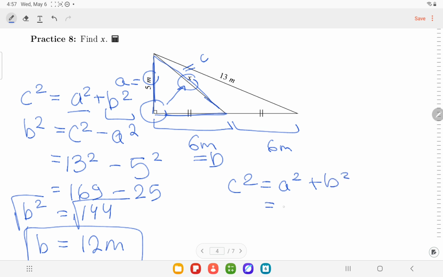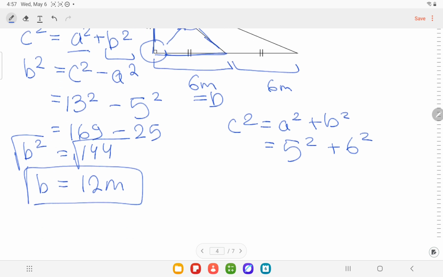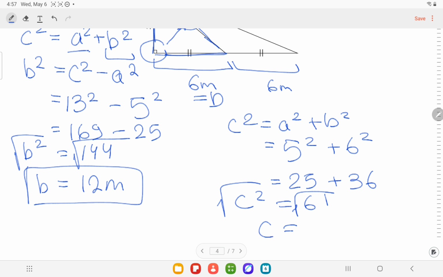So we'll plug in 5 for the a and 6 for the b. And then we take the square root, and this is going to be a decimal around 7.8 meters. And that is our x.